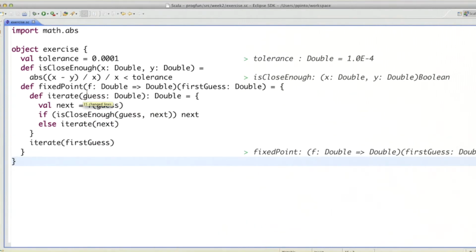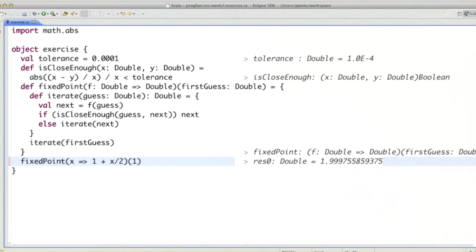So let's try this method out for our function that maps x to 1 plus x over 2. So let me write fixedPoint, x to 1 plus x over 2, initial value 1, and we would get something that's very close to 2, as expected.